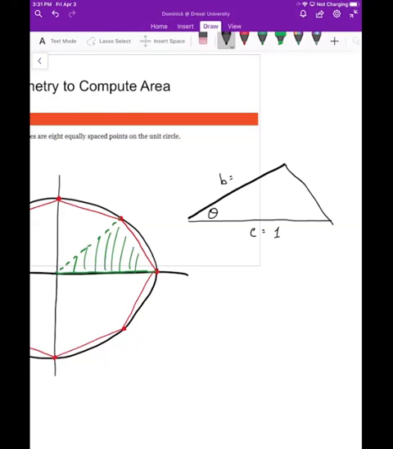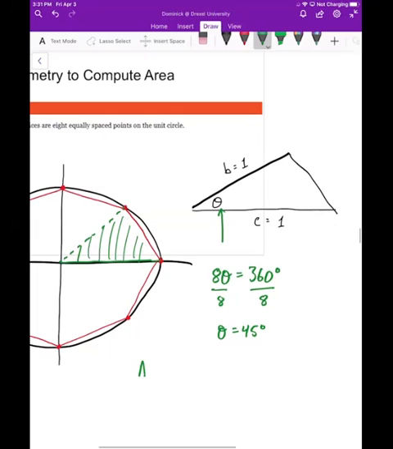These are each one. So now it just becomes a matter of, well, how can I get theta? All right. Well, if 8 of these triangles make up an entire circle, then 8 of these angles have to equal 360 degrees. So then I can divide each side by 8, and that gives me that each of these are 45 degrees.